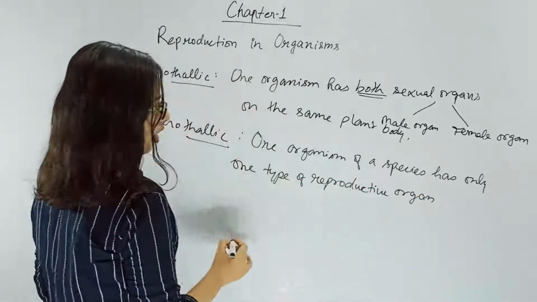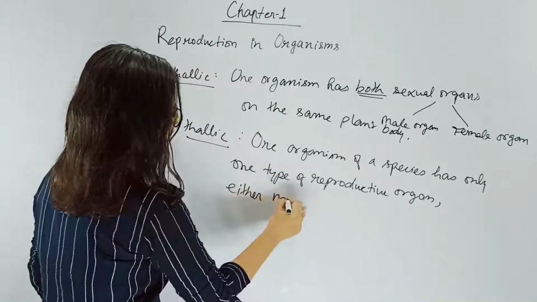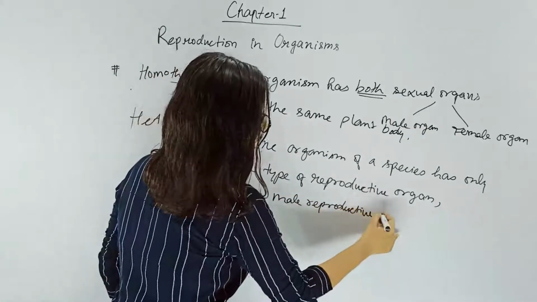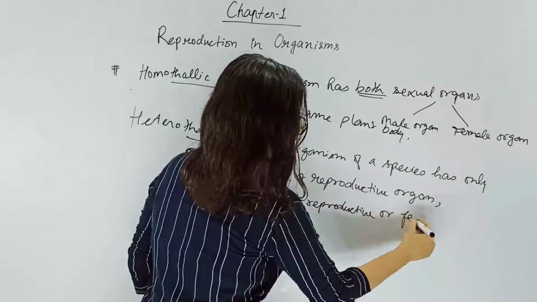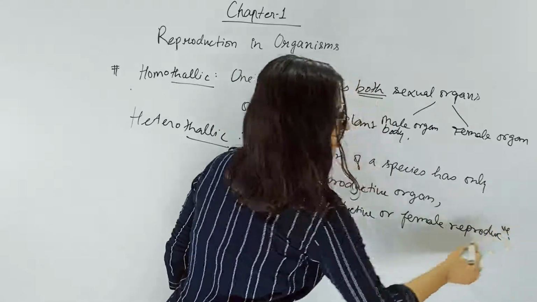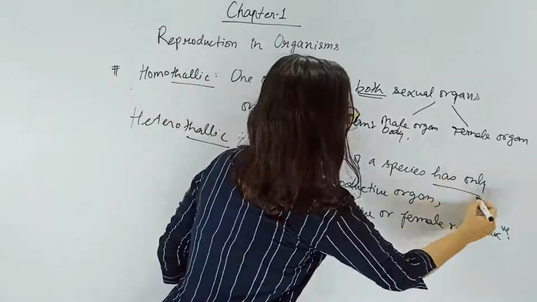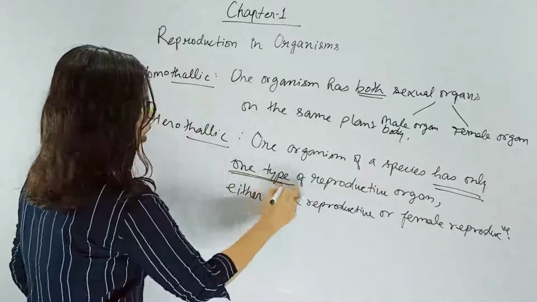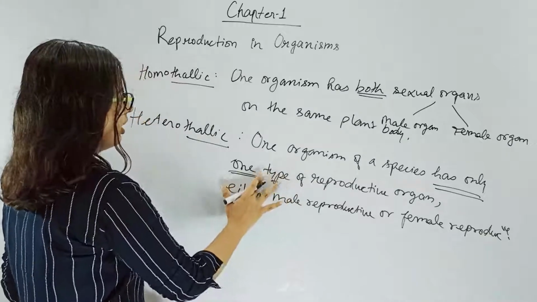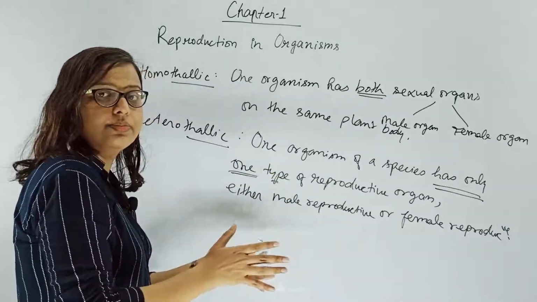Only one type of reproductive organ means either male reproductive organ or female reproductive organ. One organism has only one type of reproductive organ. The other reproductive organ is located on another organism.